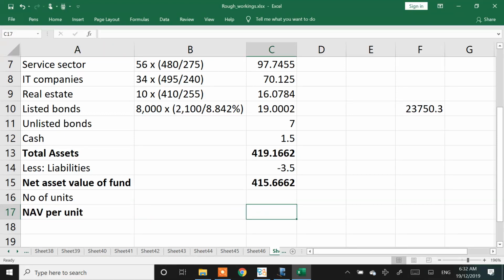Number of units and NAV per unit. How many units are there? 4.2, 4 decimal. So, my closing NAV is going to be 98.9681. It is going to be some 98 rupees.